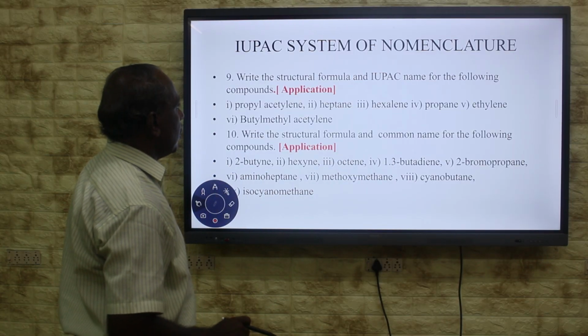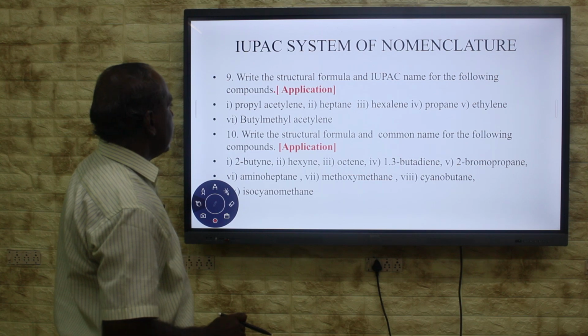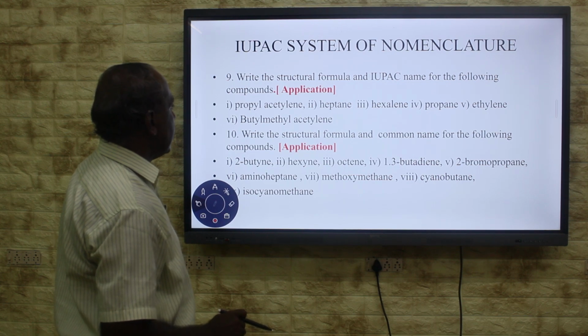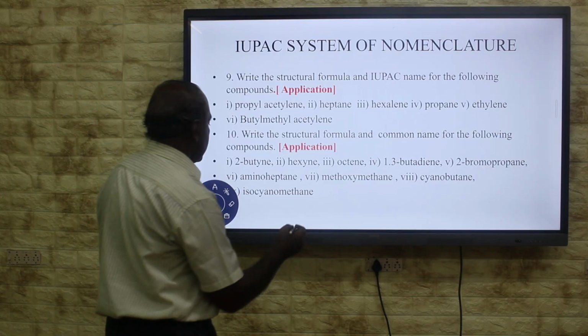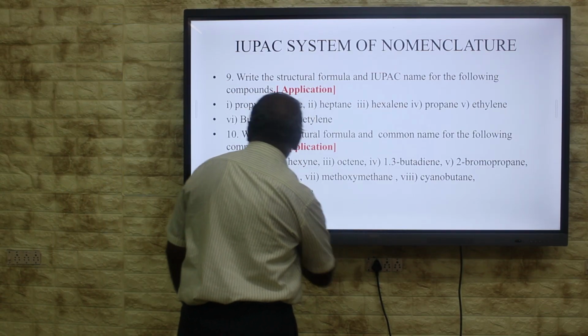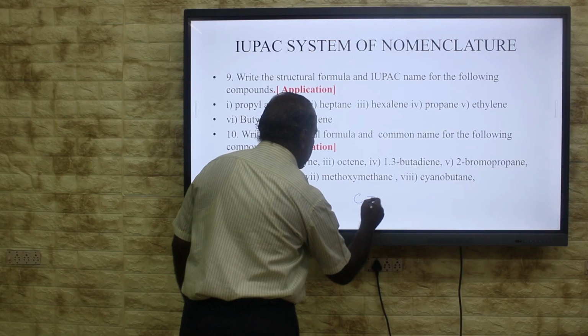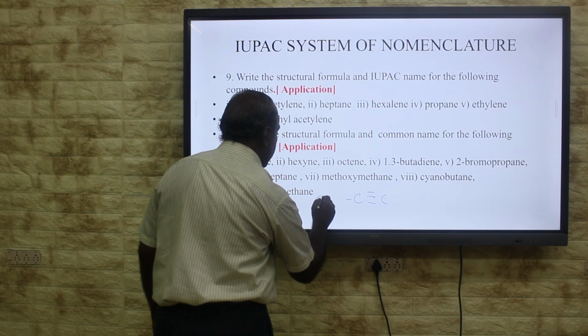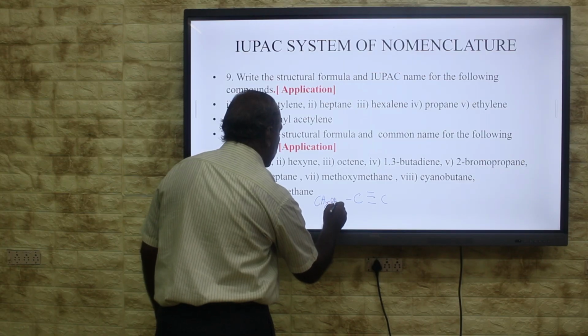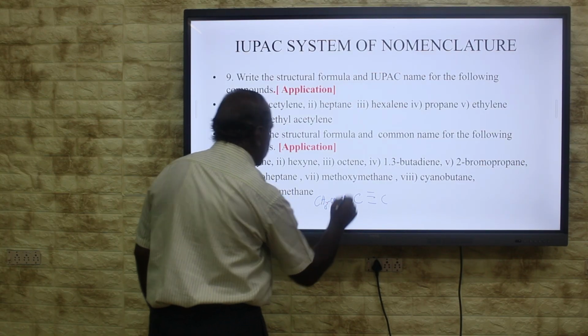Write the structural formula and the IUPAC name. Here, propyl acetylene is a common name. You write the structure of acetylene, then here a propyl group will be there: CH3, CH2, then another CH2.